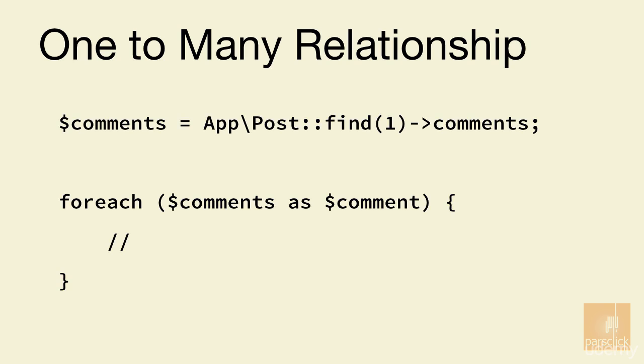For this instance, we can find the post model, find the first record, which is ID number 1, with the function find, chain it with comments, and use foreach for this model and show every comment.